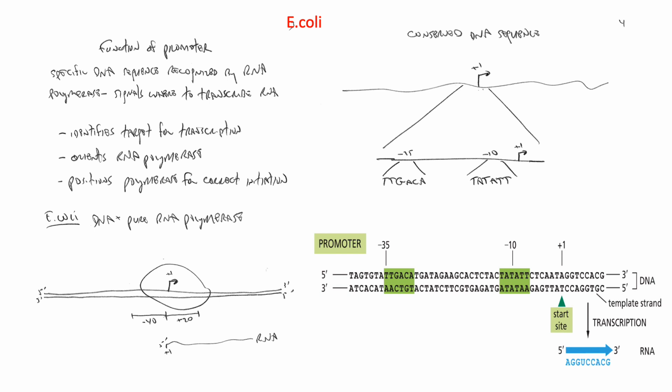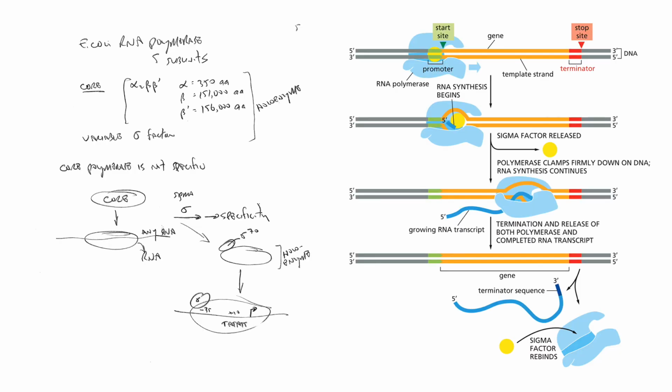Now, the polymerase is made up of a number of proteins, and we're going to look at that now. On the left-hand side, the E. coli polymerase actually has 5 subunits. So there are 5 proteins that are required for the polymerase.